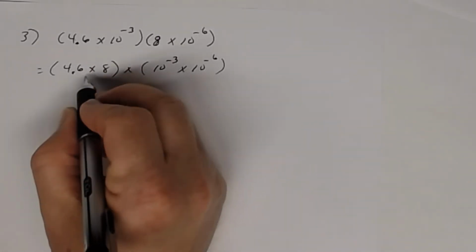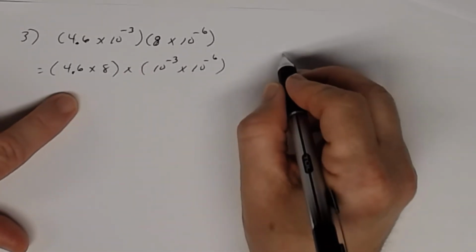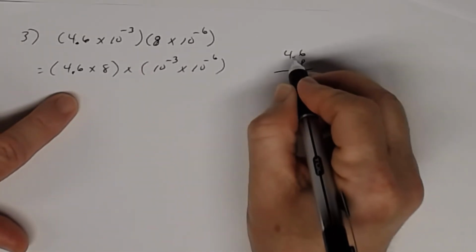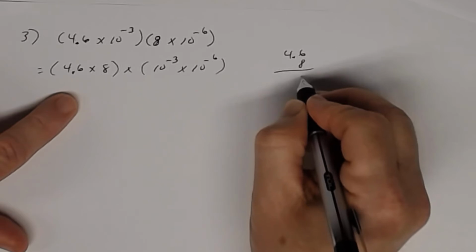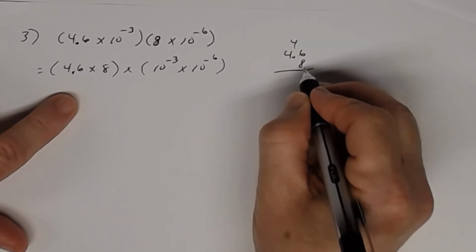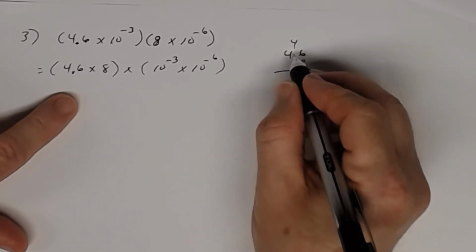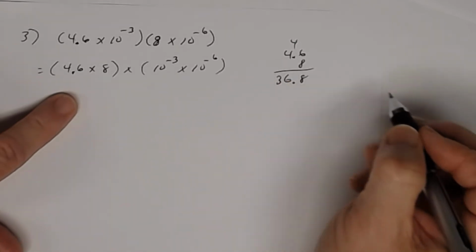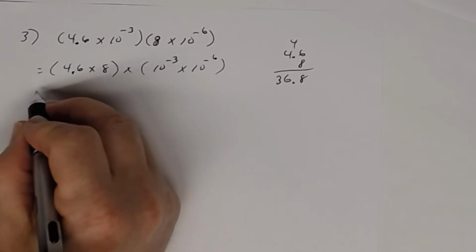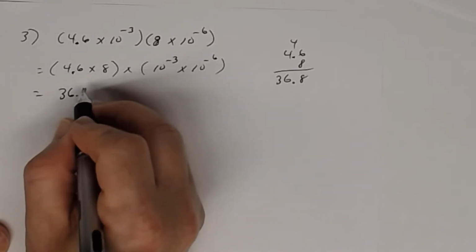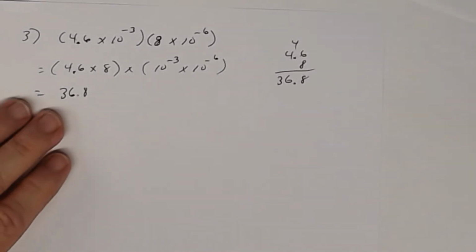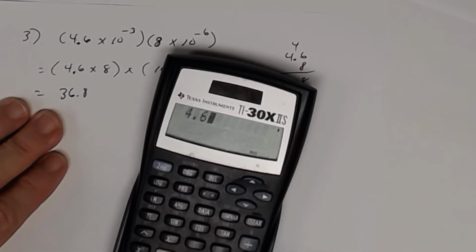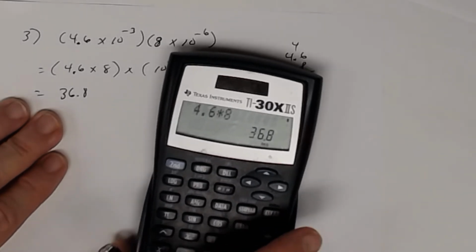Now, let's go ahead and multiply the coefficients together. 4.6 times 8. 8 times 6 is 48. Carry the 4. 8 times 4 is 32, plus 4 is 36. 1 decimal place, right? So I get 36.8. You can always verify: 4.6 times 8 is 36.8.